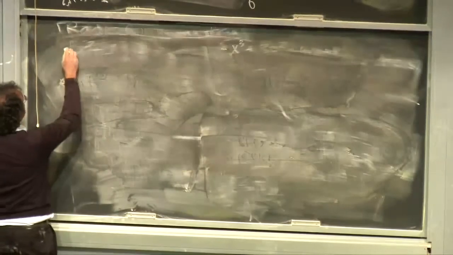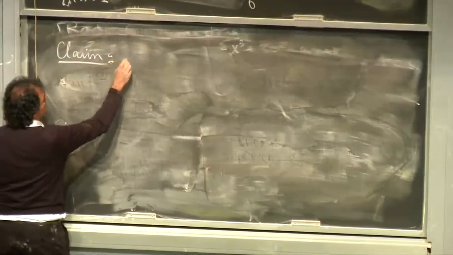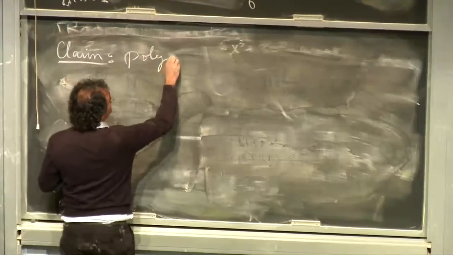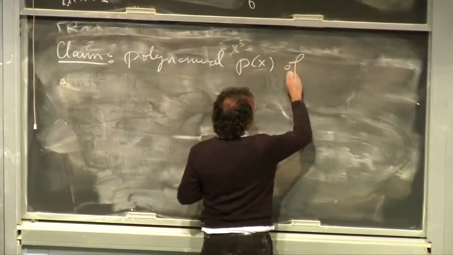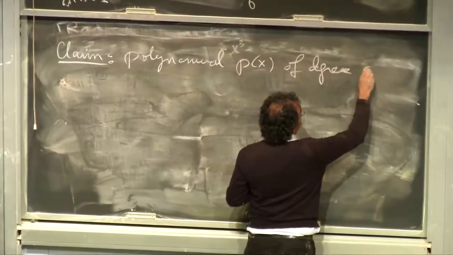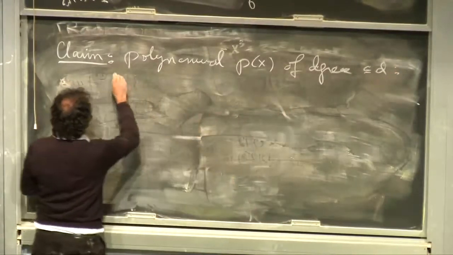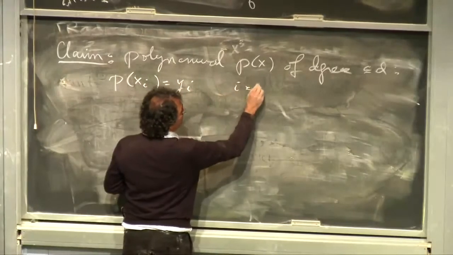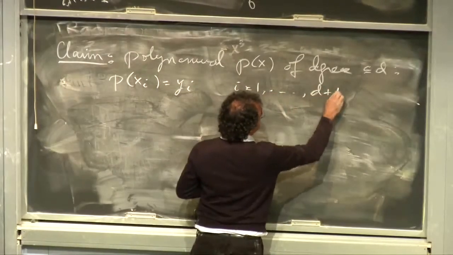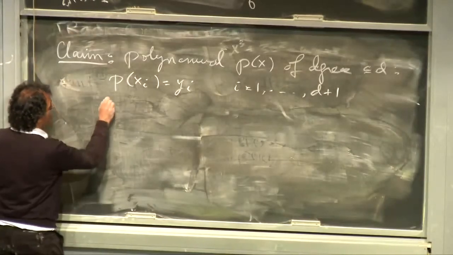Claim: a polynomial p of x of degree at most d such that p of xi equals yi, i equal to 1 through d plus 1, is unique.